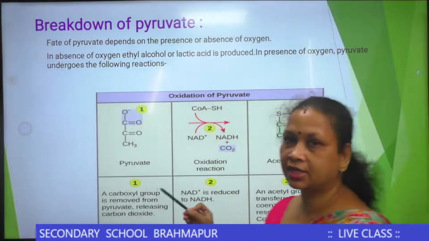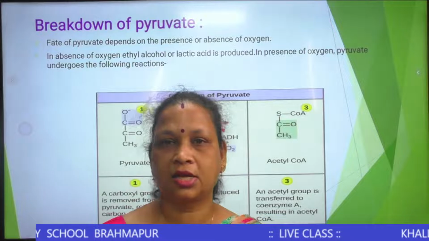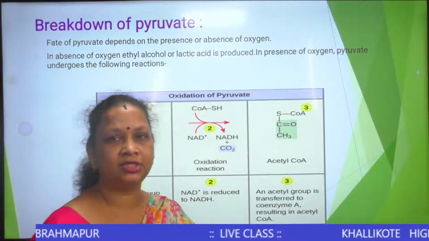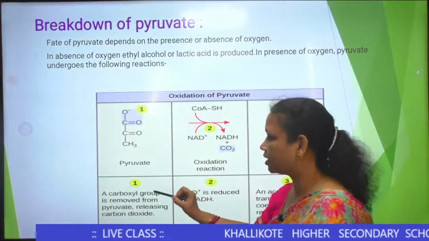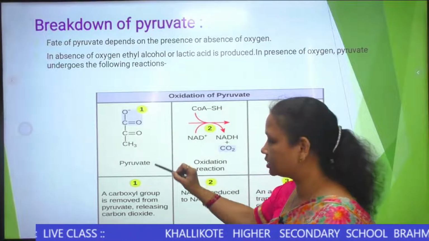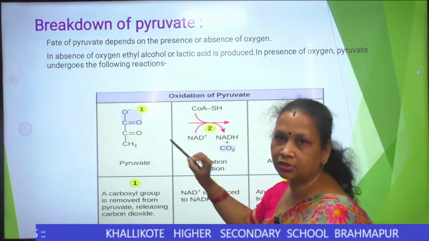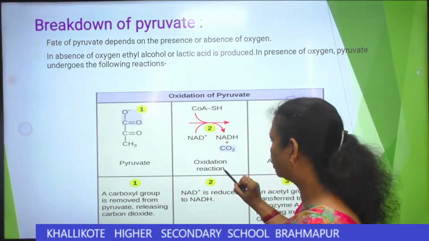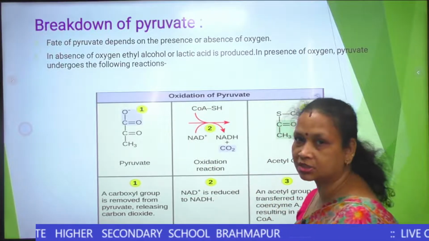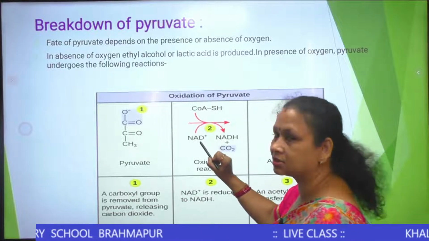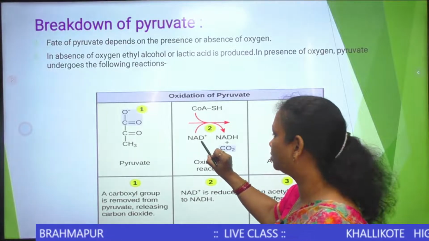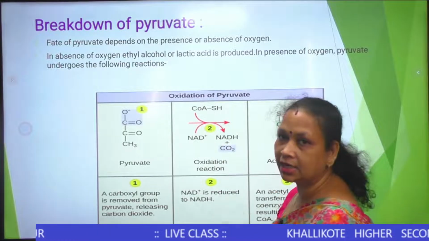We say this type of reaction is oxidative decarboxylation. Decarboxylation results in the removal of one molecule of carbon dioxide, and also the oxidation process takes place where hydrogen is removed and it is accepted by the cofactor NAD.